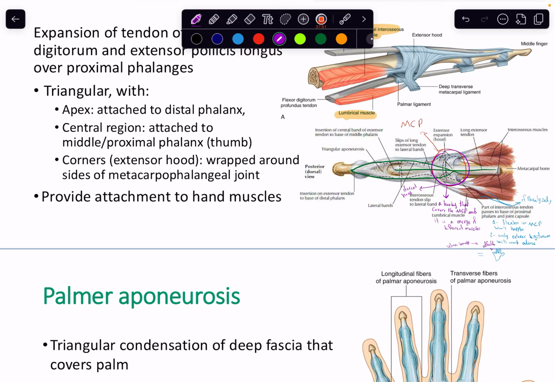Here, these two, the radial and the ulnar, both are working fine, right? So for these two, no problem. They will bend in the median nerve injury, I mean in the ulnar nerve injury. In the ulnar nerve injury, the lumbrical is actually the main one acting on the proximal and interphalangeal joints.